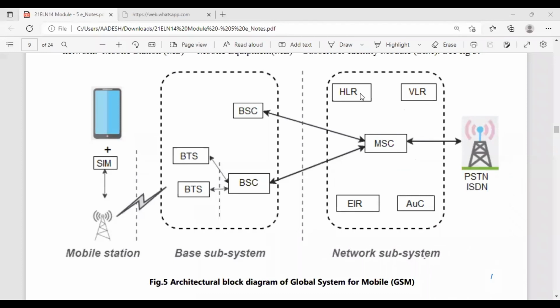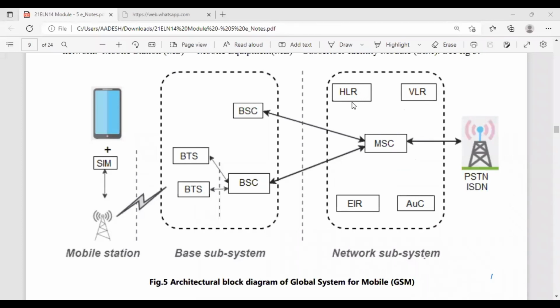So what is HLR? If a mobile user has bought a SIM card in one particular area, for example area 1 or cell A, and has put that SIM card into the mobile phone, then cell A's MSC will store all his data.